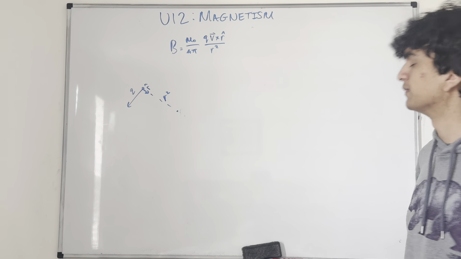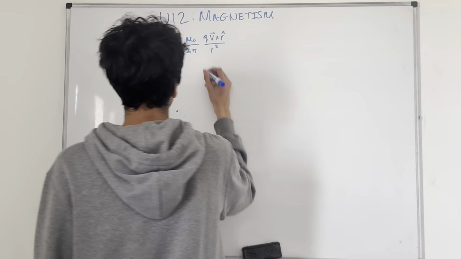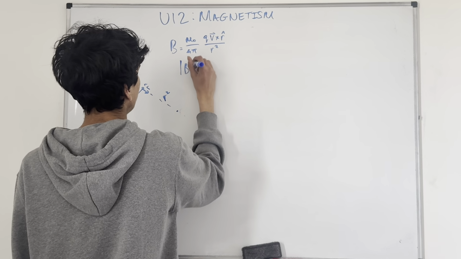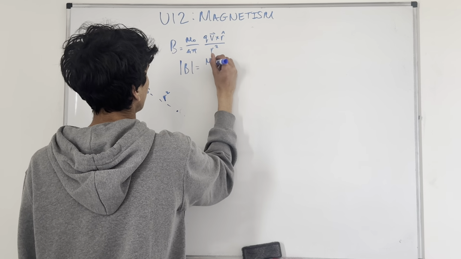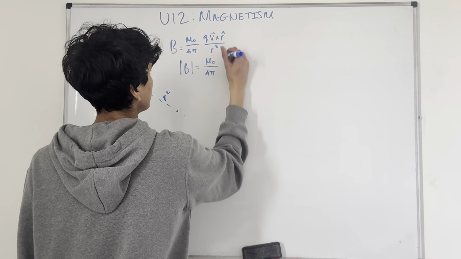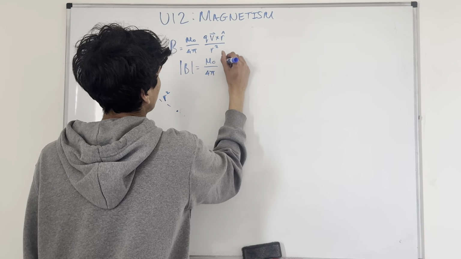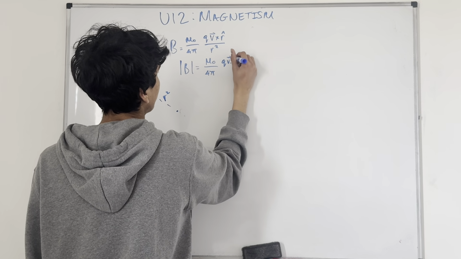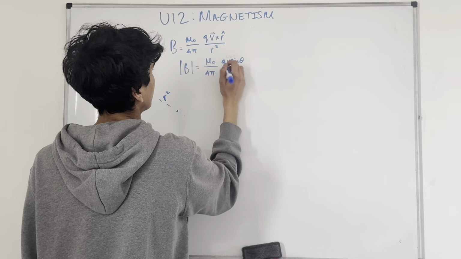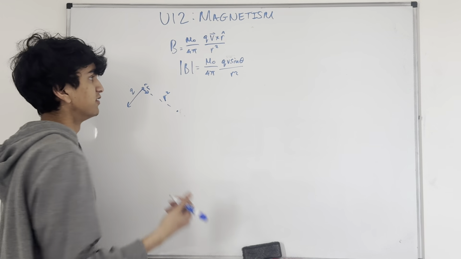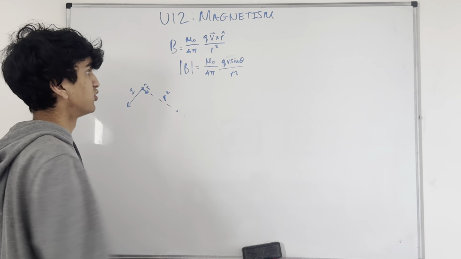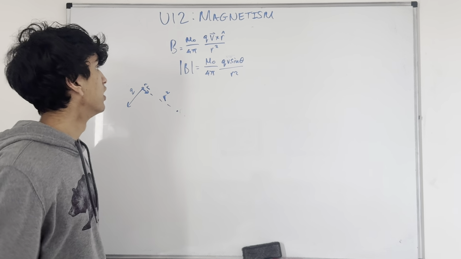So this is how we do it. The magnitude of B will equal mu naught over 4 pi times QV sine theta over R squared, where theta is the angle between V and R.